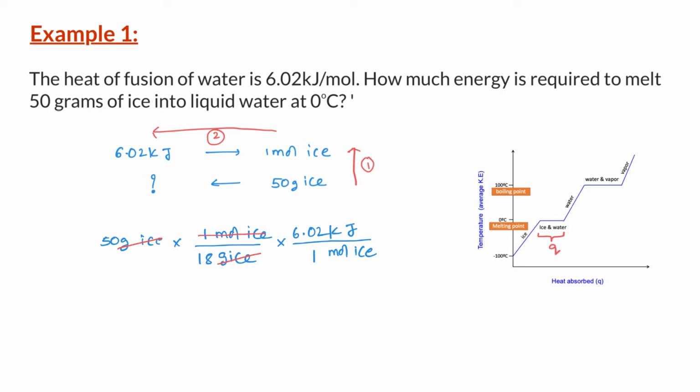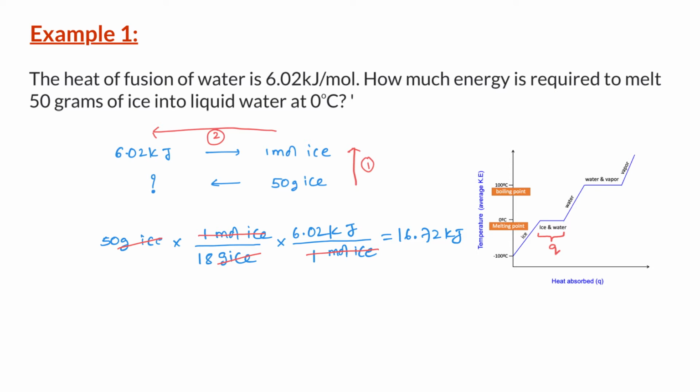Moles of ice gets cancelled, and if we do the math, we get 16.72 kilojoules of heat. This is the amount of heat required to melt 50 grams of ice into liquid water at 0 degrees Celsius.